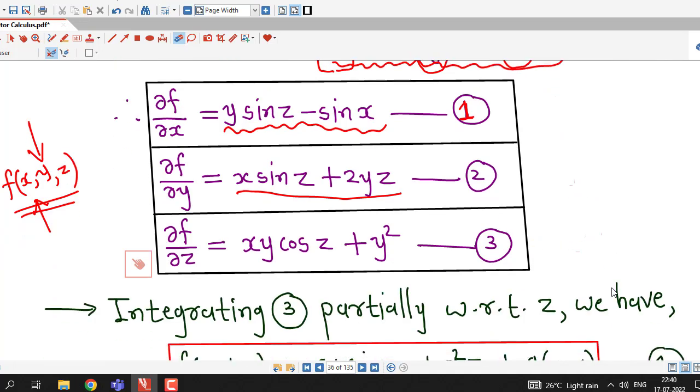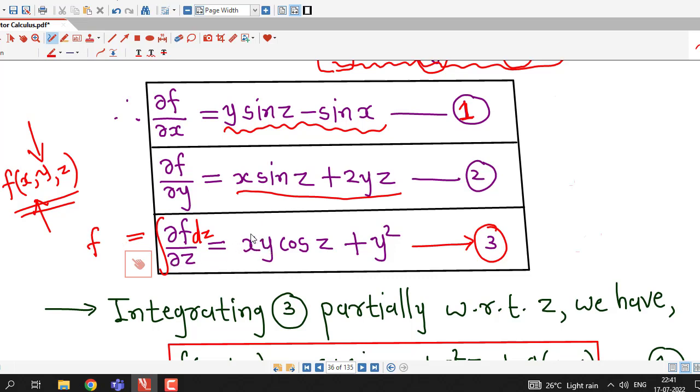Okay, fine. So suppose we start with equation number 3. Suppose we integrate equation 3 with respect to z partially. Then on left hand side we have integral of del f by del z with respect to z. So that is going to be small f, that is f of x, y, z.